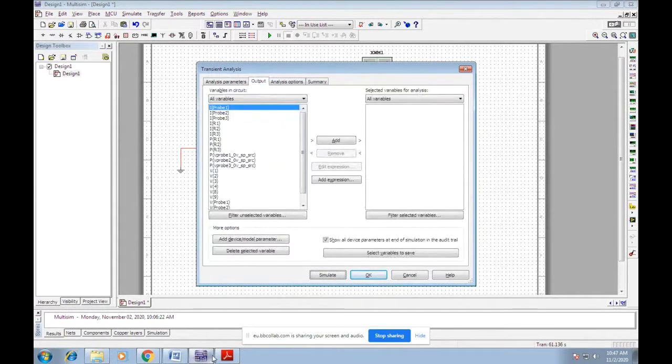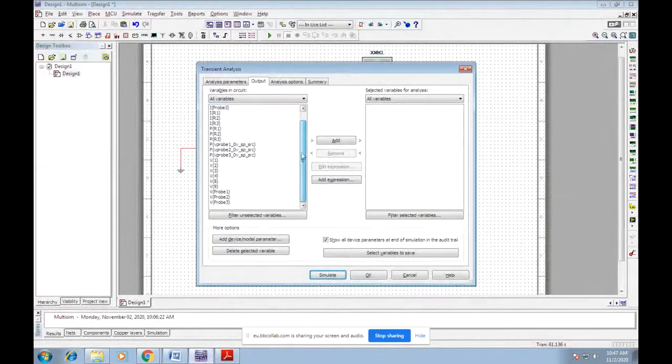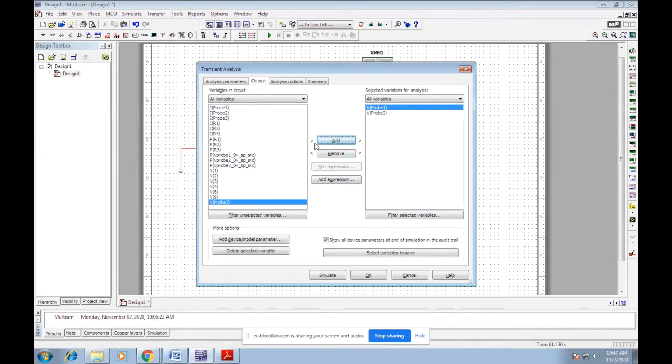In the second option, in the output, we have to use voltage of probe 1, voltage of probe 2, voltage of probe 3. So from here, click voltage of probe 1, add it here, voltage of probe 2, add it here, voltage of probe 3, add it here. Now you can see all the voltages are available.